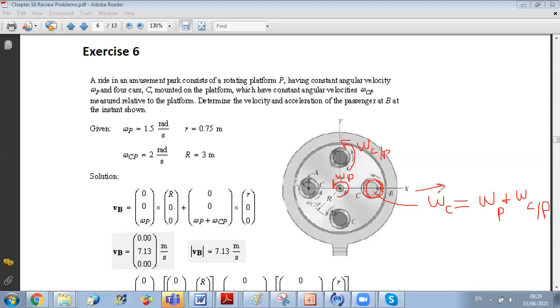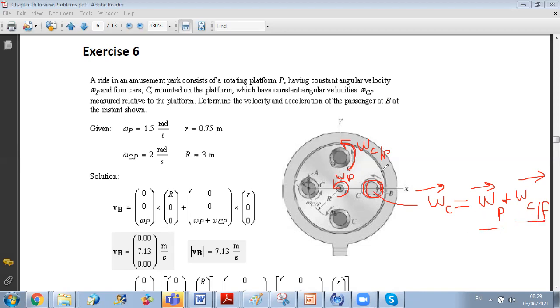So for the angular velocities, they can be added. Okay? If you know omega of the plate and you know the relative angular velocity of a body with respect to the plate, you can say that the total angular velocity of any of the cars is vector omega p plus omega c relative to p.